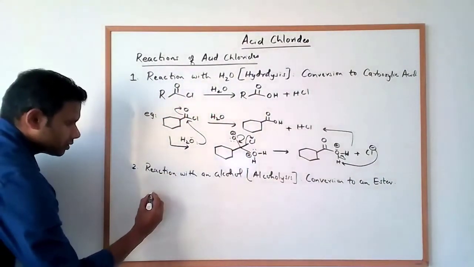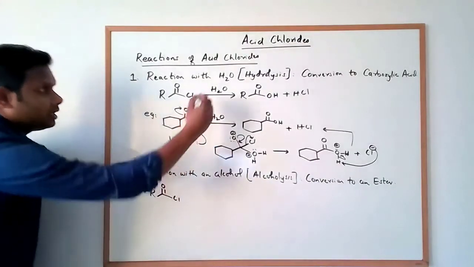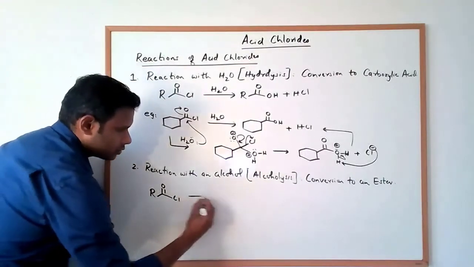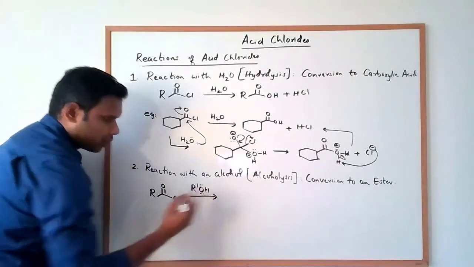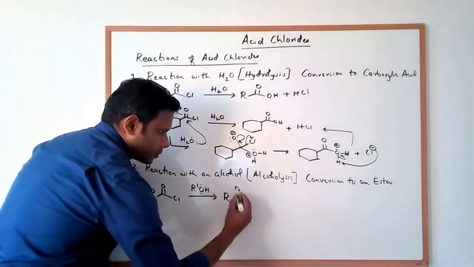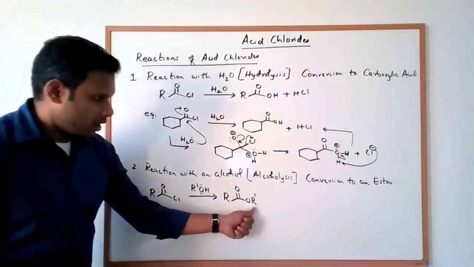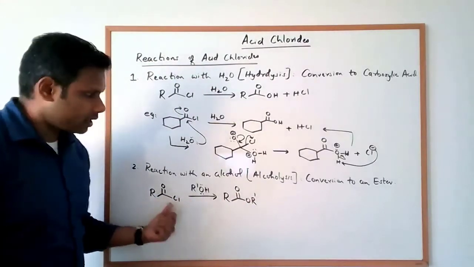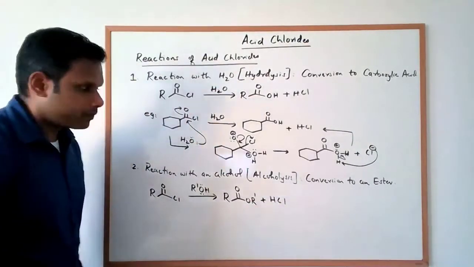Let's write down a general scheme and then a mechanism for this, very similar to what we did for the hydrolysis reaction. When acid chloride reacts with alcohol, I'm going to use R prime here, this gives us an ester product. I'm putting an R prime to differentiate the alcohol from the R that was in the carboxylic acid, plus HCl.